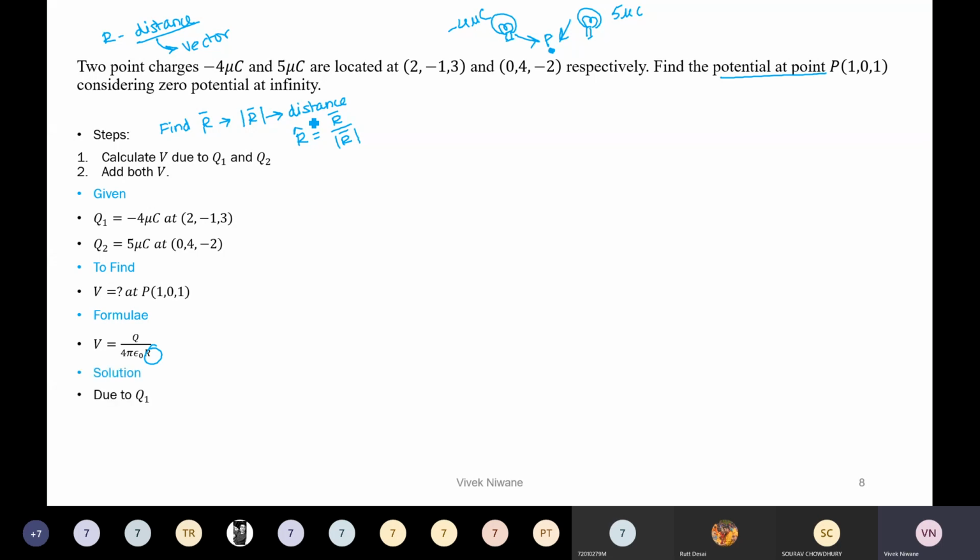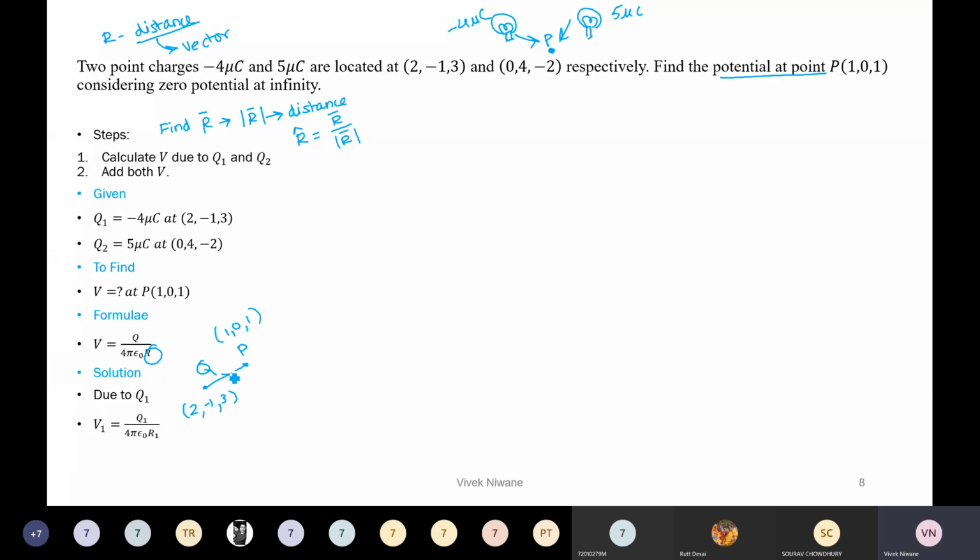So solution. Let us have calculations due to point charge Q1. V1 is equal to Q1 upon 4 pi epsilon 0 R1. Q1 is at (2, -1, 3) and our point P is at (1, 0, 1). The direction of the vector is always towards the observation point.